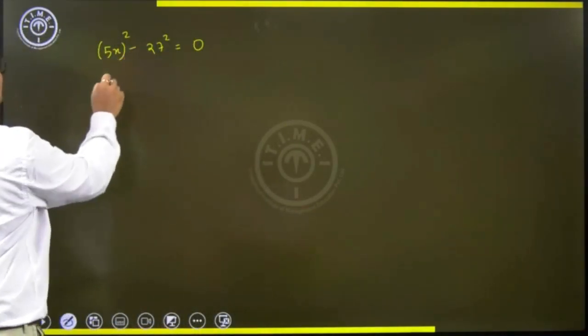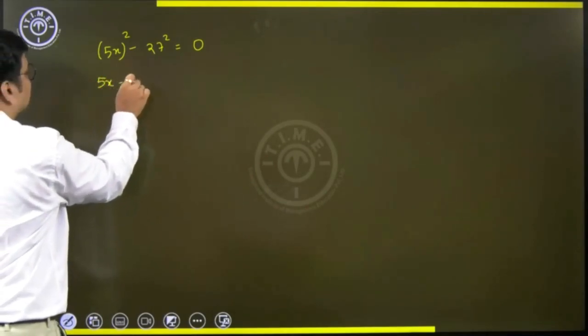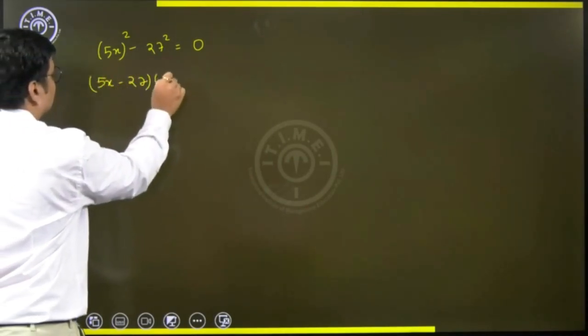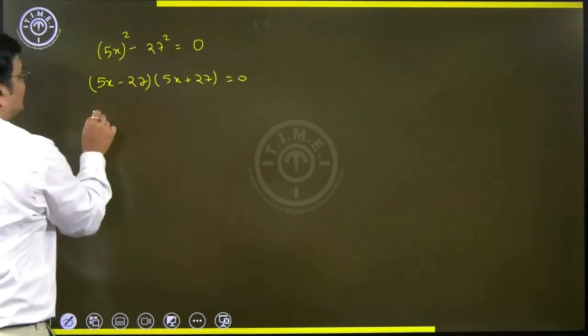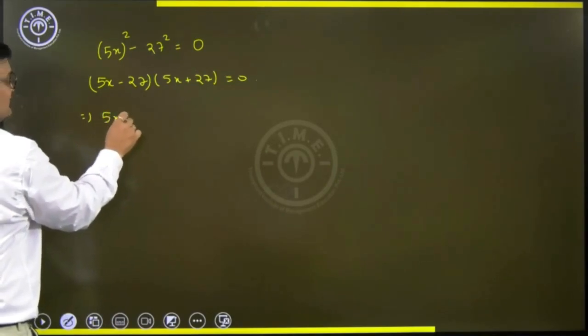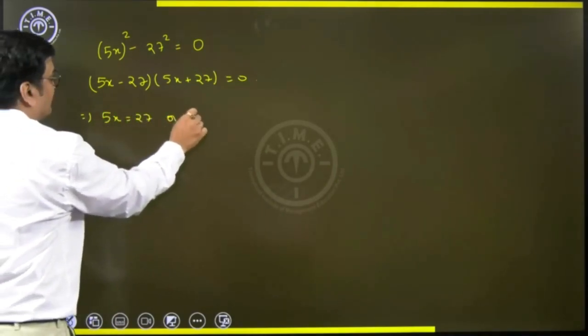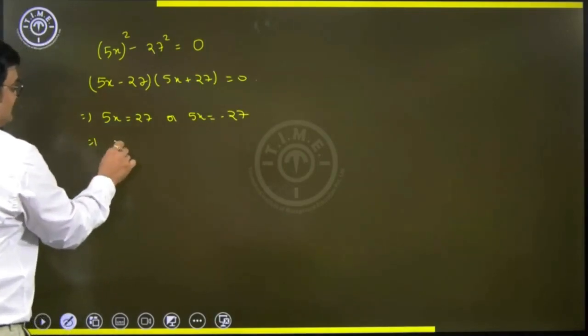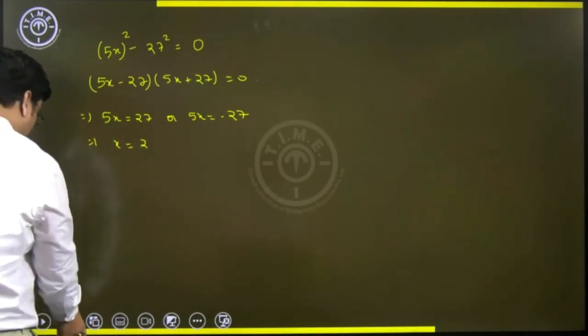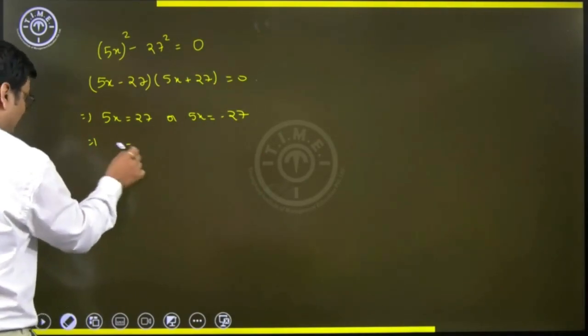So a minus b into a plus b. So either this is 0, that is 5x is 27, or 5x is minus 27. So that means x is either 27 by 5, but let's wait here. Let's wait for a moment here.